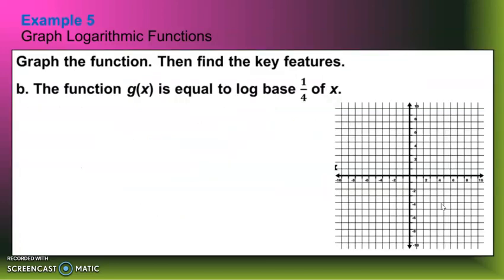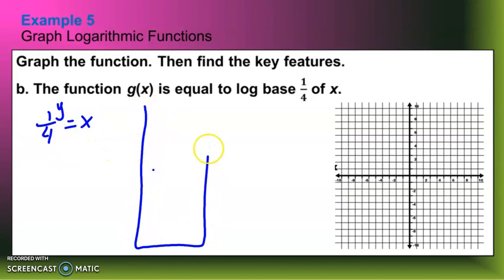Next, graph this function. Graph g of x equals log base 1/4 of x. So if I rewrite this, this would be saying 1/4 to the y power is equal to x. And I want to draw a table of values here.